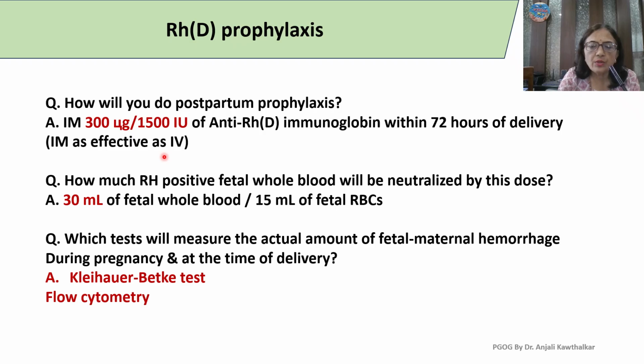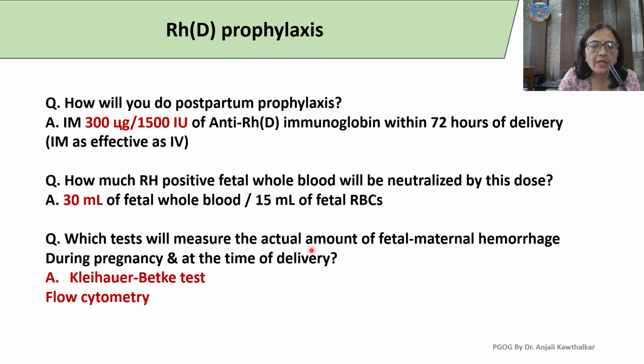If a patient has thrombocytopenia or there is a contraindication for intramuscular administration, then intravenous administration can be given in that rare situation. How much Rh positive fetal whole blood will be neutralized by this dose? 30 ml of fetal whole blood or 15 ml of fetal RBCs are neutralized with this dose.